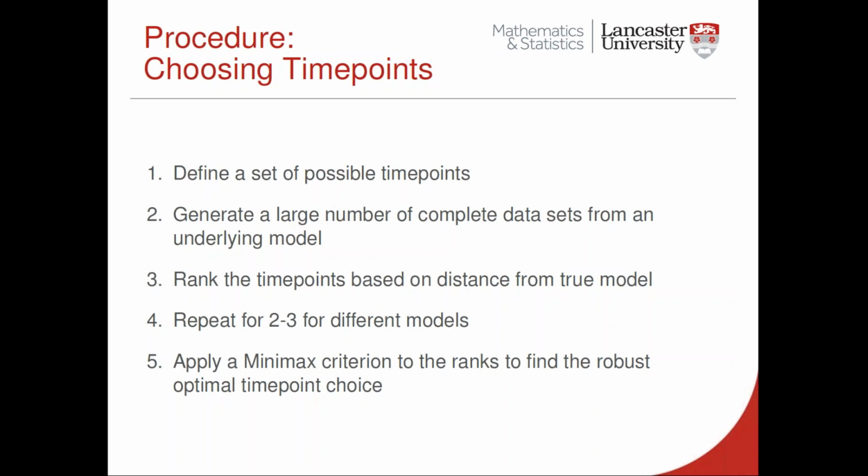And then in our fourth step, we're introducing robustness. We're going to repeat steps 2 and 3 for a couple of different candidate models. Keep in mind, we might have a rough idea of what the model shape looks like, but we obviously do not know what it is, and therefore, to introduce robustness, we're going to evaluate the optimal time points across a set of different models.